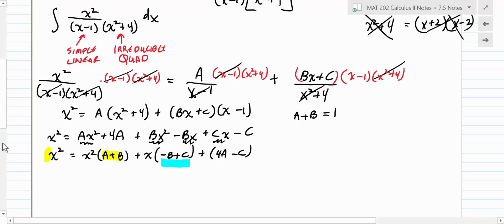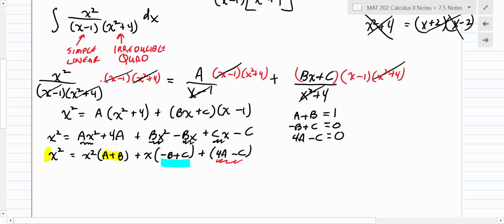What does that equal to? 0. There isn't an x over there, right? So that is negative b plus c equals 0. Okay? And the last one, what does it have to be equal to? 0 also. There's not a constant term on the left side there, so you're going to have 4a minus c is equal to 0 like that.